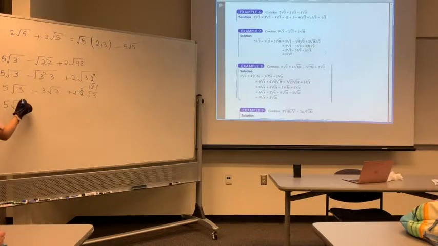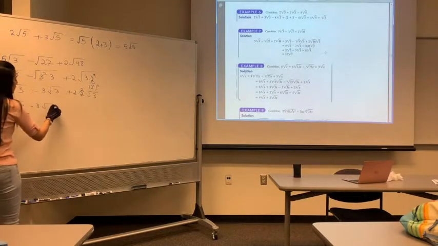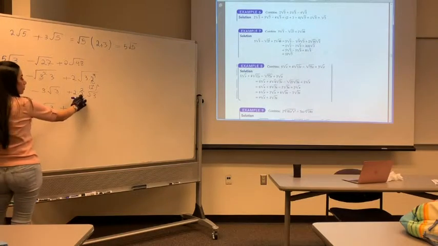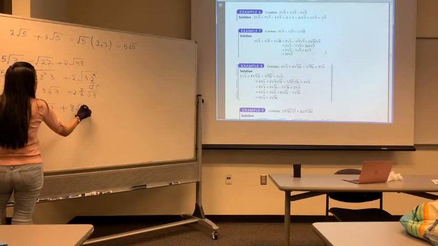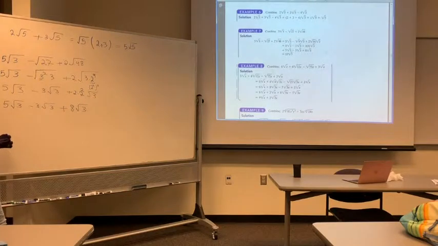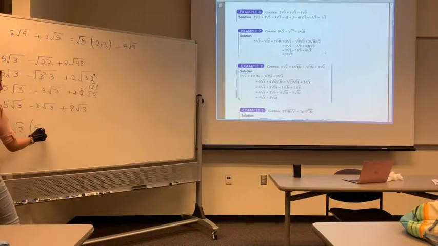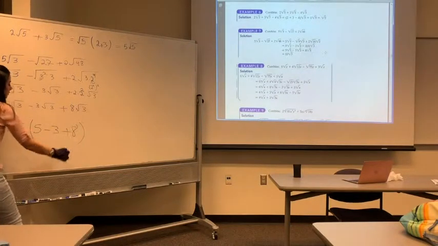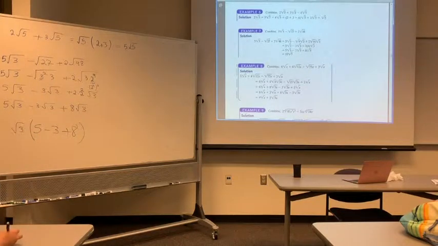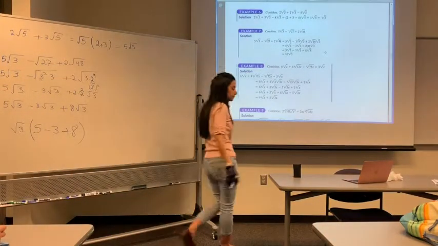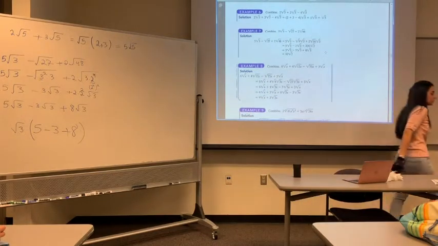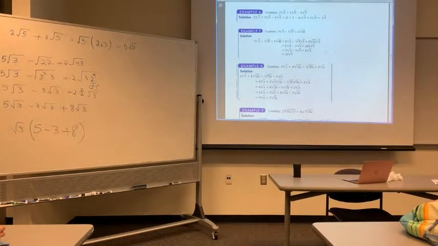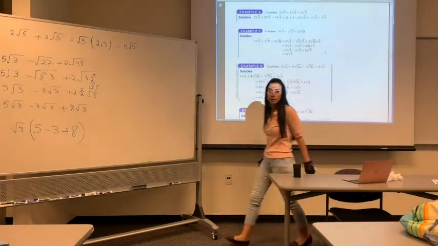So 5 radical 3 minus 3 radical 3 plus 4 multiplied by 2, which is 8 radical 3. Radical 3 is a like term. 5 minus 3 plus 8. Right? So we factor out radical 3, and 5, negative 3, 8 remains.